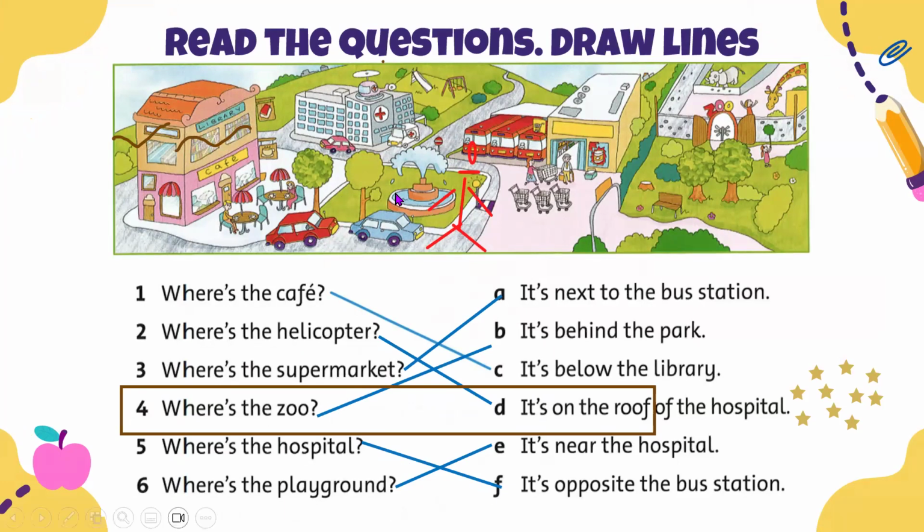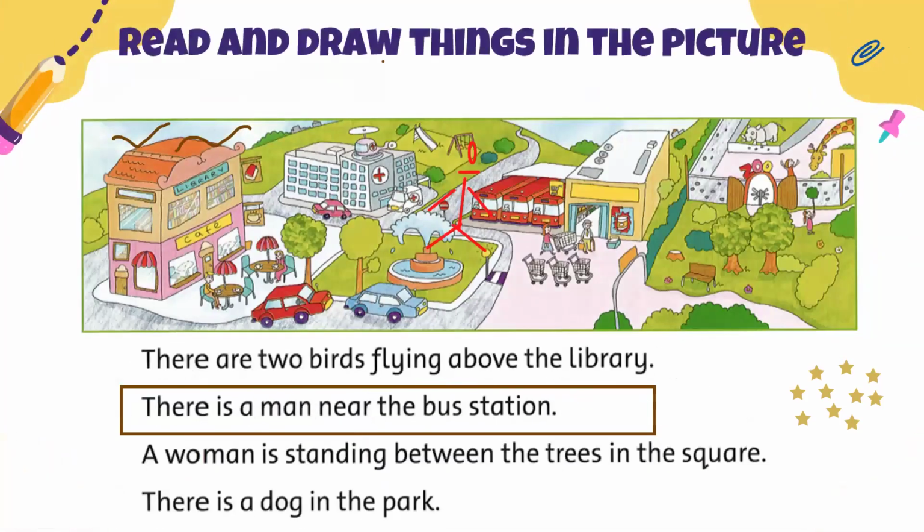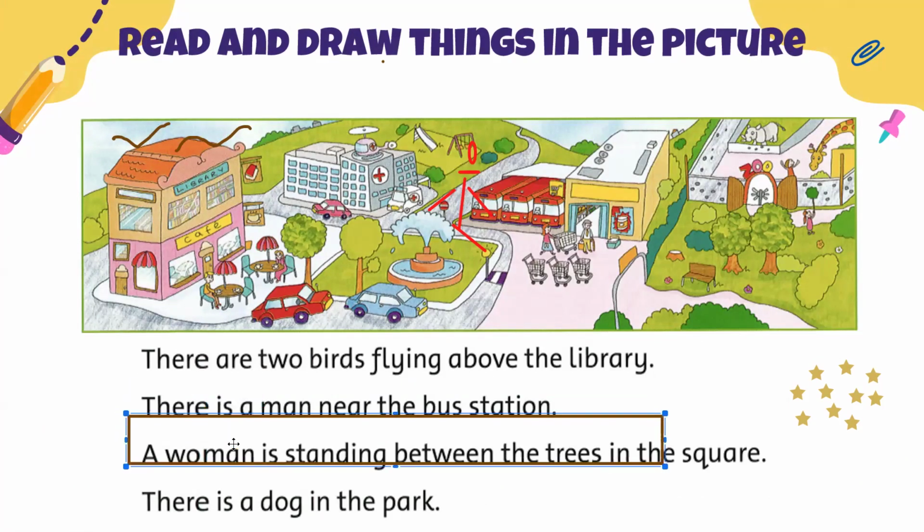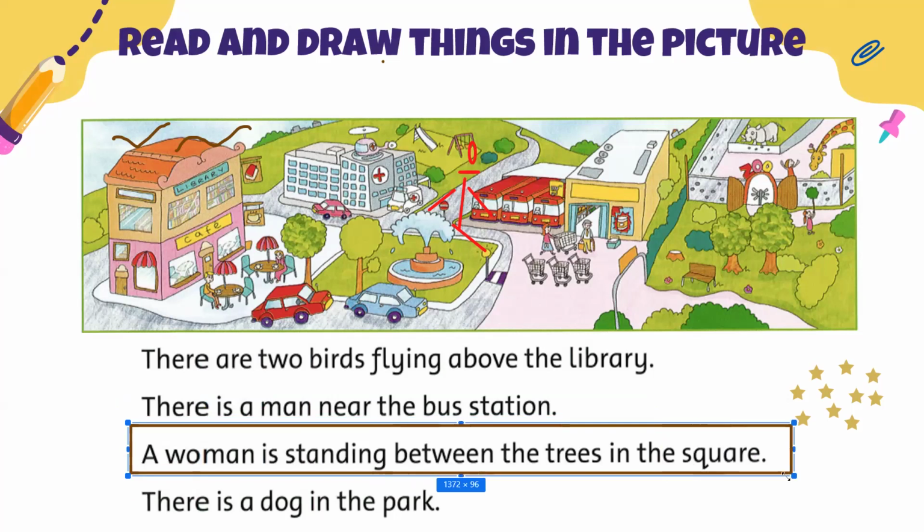Okay, now how about this one? Wait a minute. Okay, a woman is standing between the trees in the square. So where will you draw the woman? Between the trees in the square.